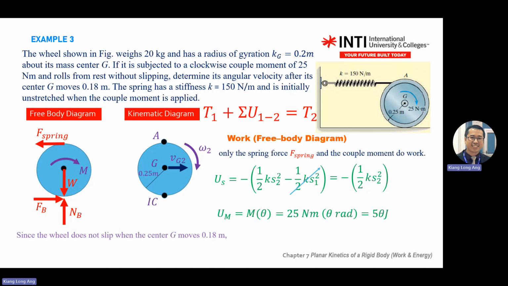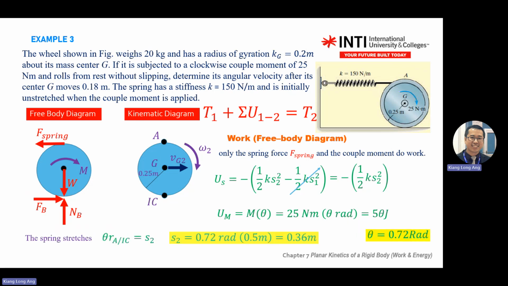Okay. So again, if you are using S equal to R theta, you are given that it moved 0.18 meter. You have the radius, so you should be able to find how many radians it has rotated to travel 0.18. So you need to rotate 0.72 radian to move 0.18.